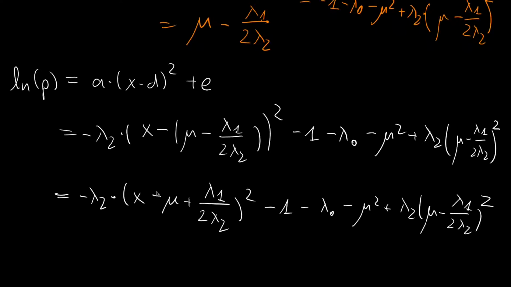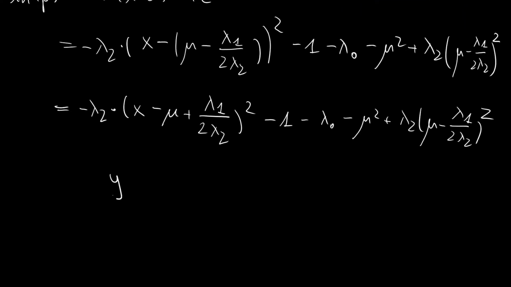Now let us make a definition for which we want to shift our x into another variable, and we will define a y to be whatever we have inside this square term, and this is x minus mu plus lambda 1 over 2 lambda 2. And with this, we can just write minus lambda 2 times y squared.